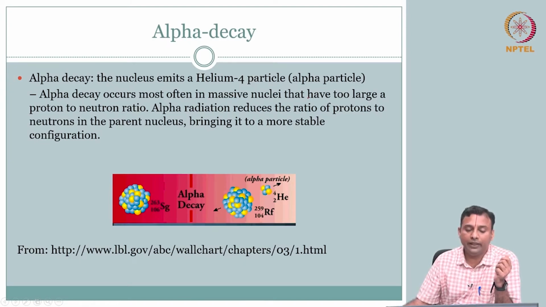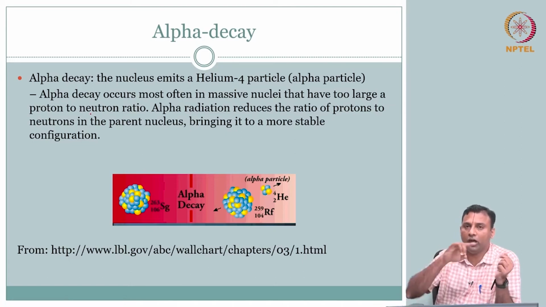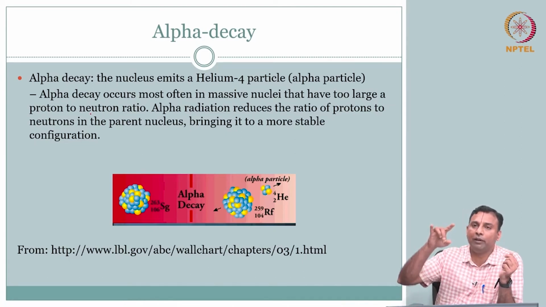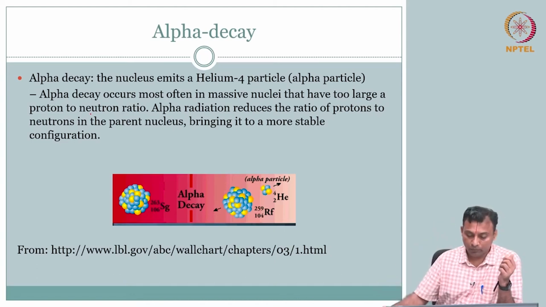Massive nuclei where you have a large proton to neutron ratio. So, what is the objective? If it is not along the line of stability, it is going to shed out alpha radiation to reduce this ratio of protons to neutrons.